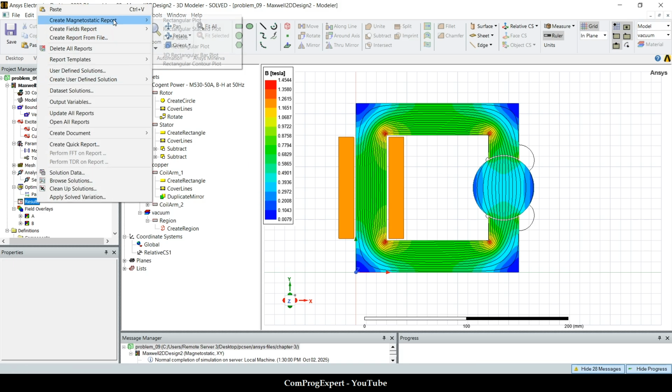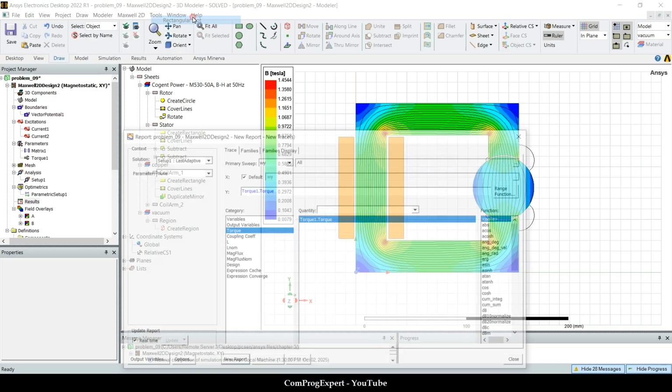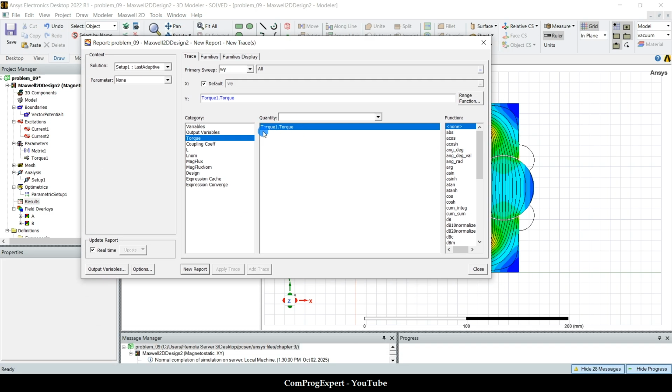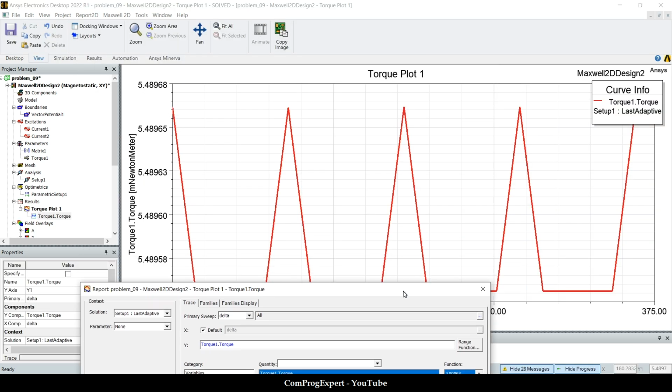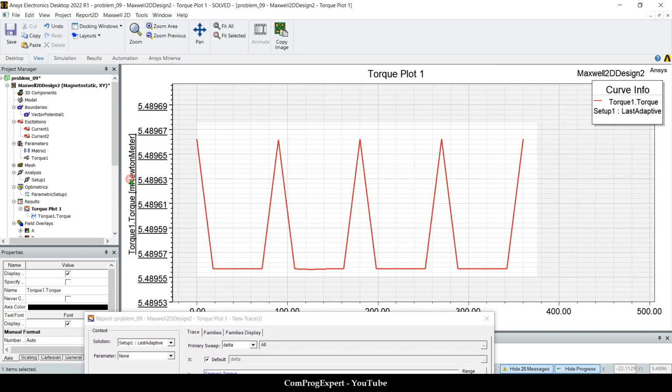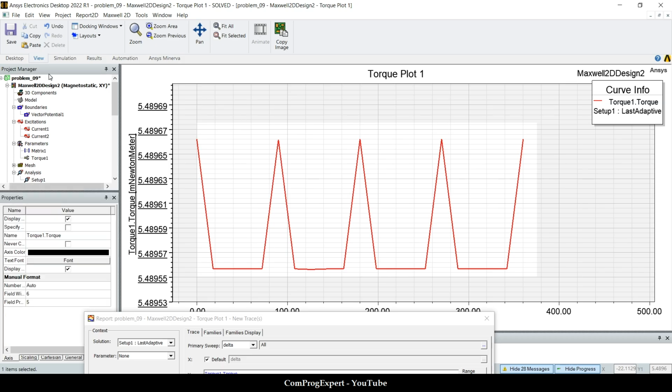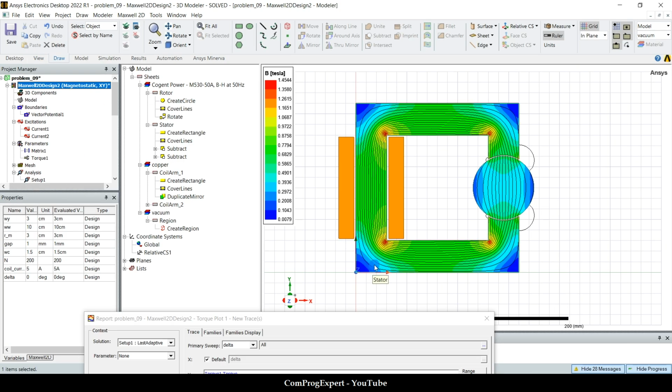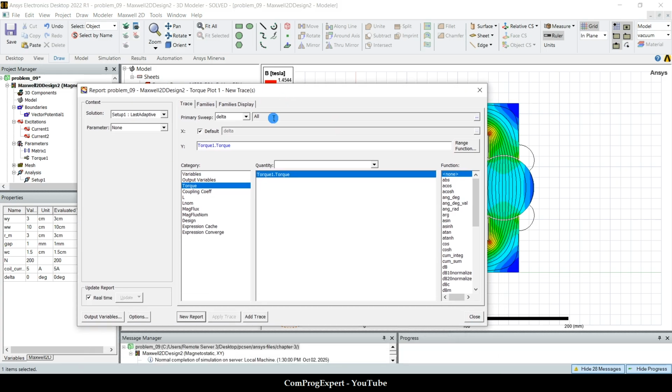In results, magnetostatic rectangular plot, let's plot the torque as a function of delta. Yes, millinewton meter. The value is 0. The depth of the problem in this case is 1 meter. I didn't consider the depth of the problem, so it is not important for this qualitative analysis.